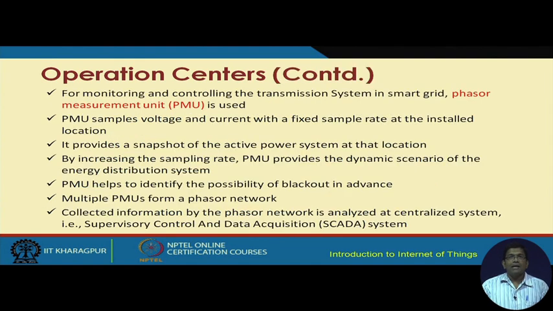For monitoring and controlling the transmission system in the smart grid, something known as phasor measurement units, or PMUs, are used. These PMUs sample the voltage and the current with a fixed sample rate at the installed location and then provide a snapshot of the active power system at that particular location.